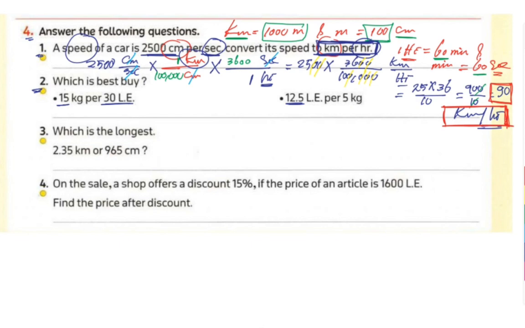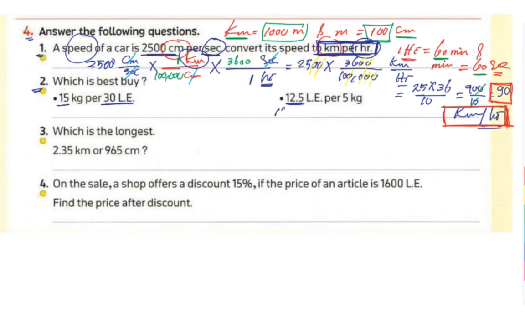Why? Because these are different units, kilogram per LE and LE per kilogram. I can make it a unit rate. I need to find the unit rate of each one. First one, I will make it kilogram per 1 LE. Oh no, that's the money per 1 kilogram. So I will start here.